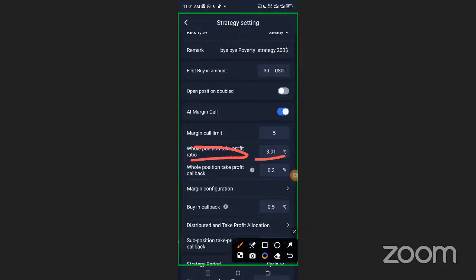This is the amount of profit by percentage you want from the coin. In case the robot buys and sells the coin, how much profit by percentage are you going to make?